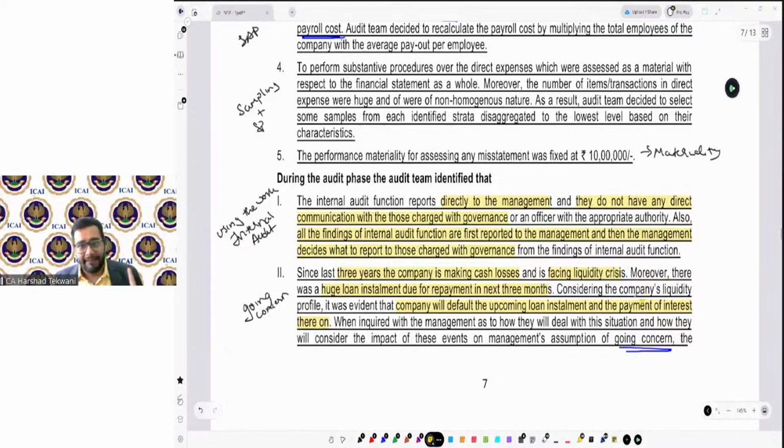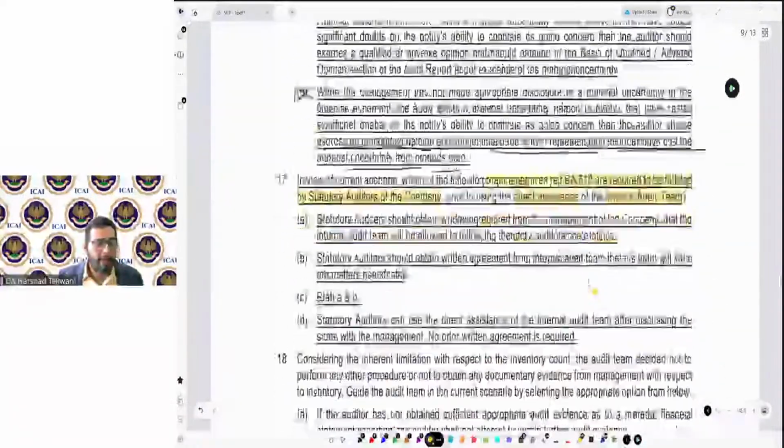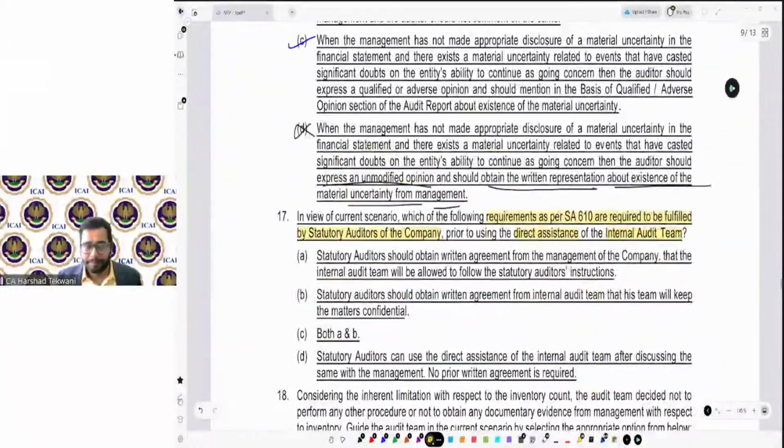But having said that, the requirement to check whether the organizational status, relevant policies and procedures adequately support the internal audit function is relevant when I'm using the work of internal audit, not when I'm taking direct assistance from internal audit.